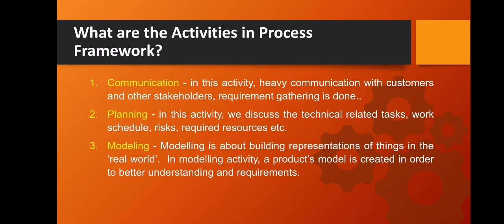In this activity, heavy communication with customers and other stakeholders and requirement gathering is done. This means that you will be in constant communication with the people involved in the system development. This may be through interviews or meetings.